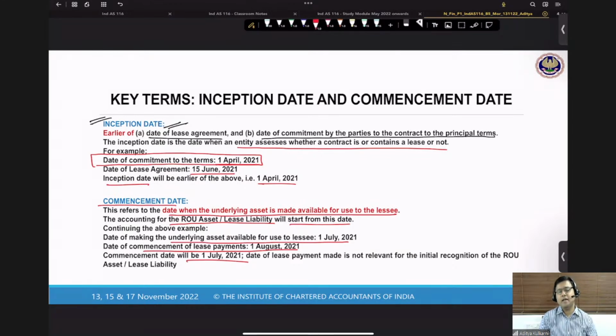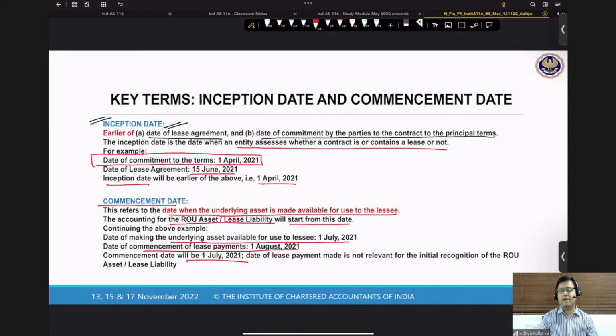The asset will be available to you from 1st of August. हो सकता है ना? You have entered into an agreement. That means you are committing to the terms. So date of lease agreement typically will go as an inception date.